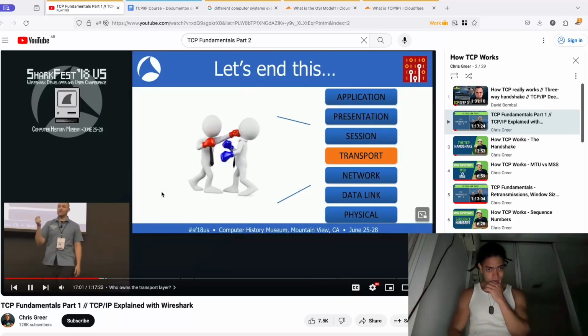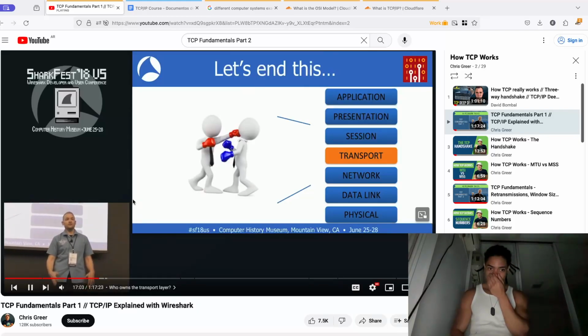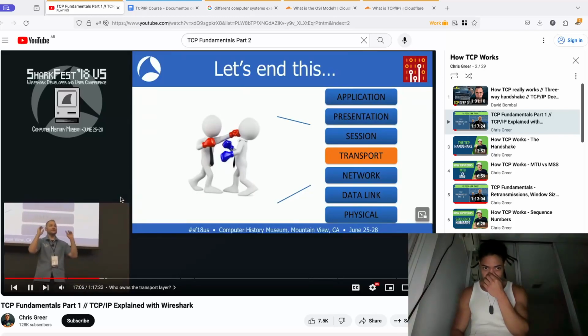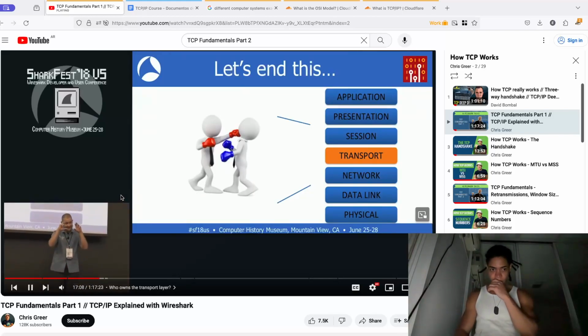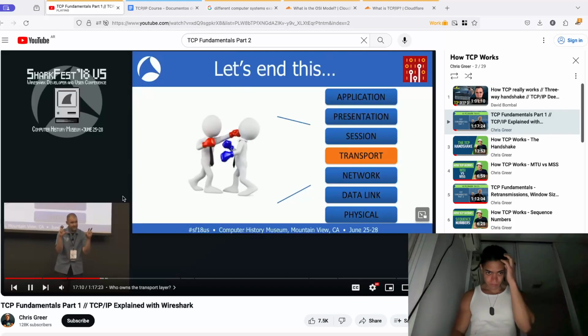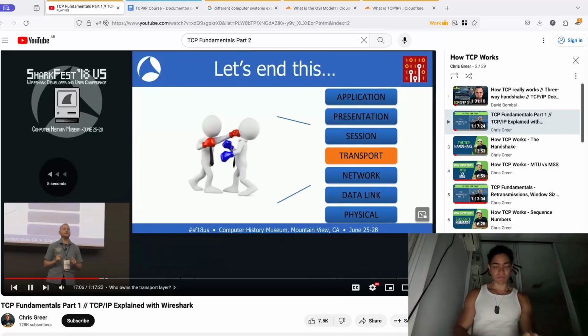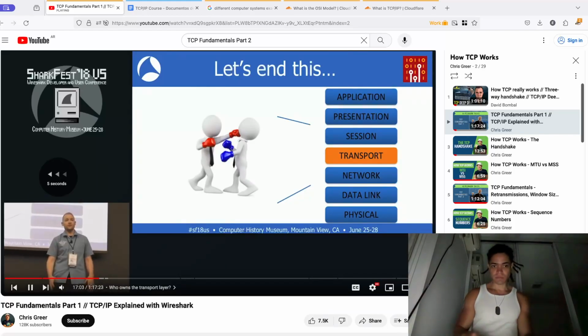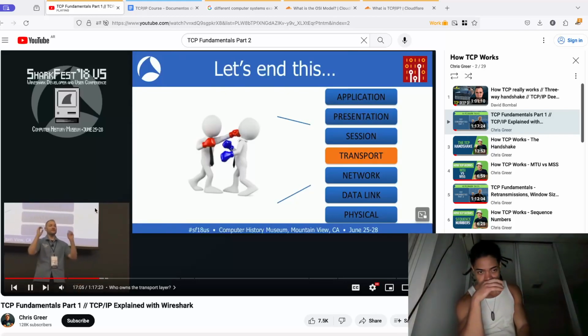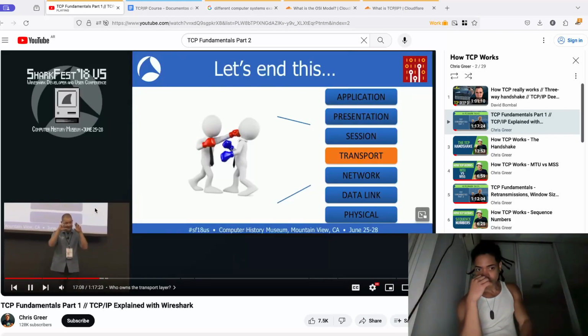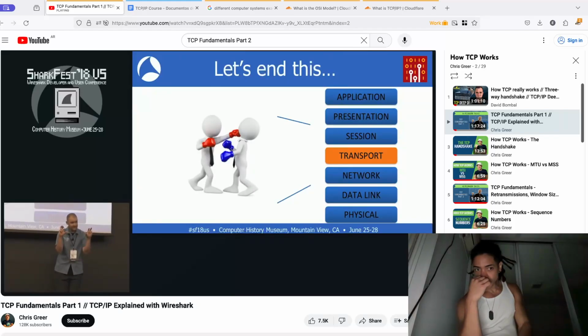Now, what you're going to run into, one of the reasons why as network people we say, you know what, that's above me, is because that TCP component and everything that it does is within devices that we don't own in many cases, right?